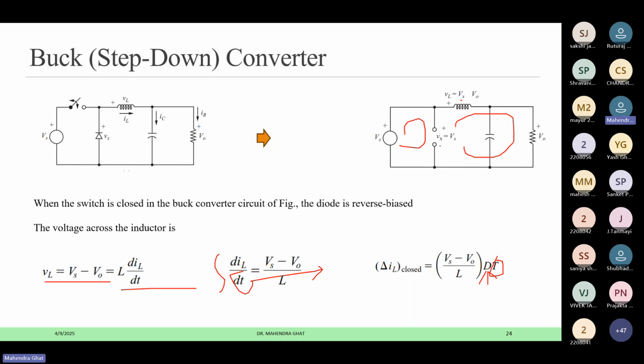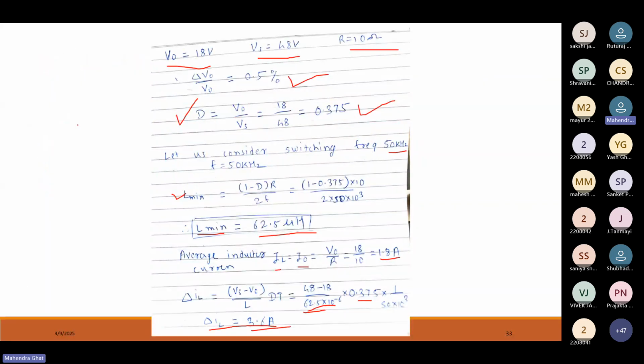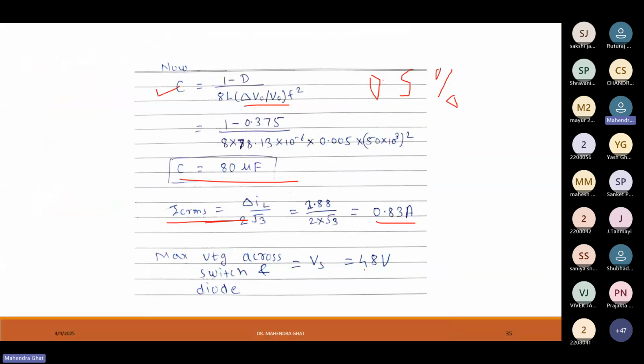So the maximum voltage across the diode and the switch is always the Vs for the buck. The maximum voltage applied for our problem will be 48 volt. So from this, if we want to choose the switch, it should be higher than 48 volt, right?